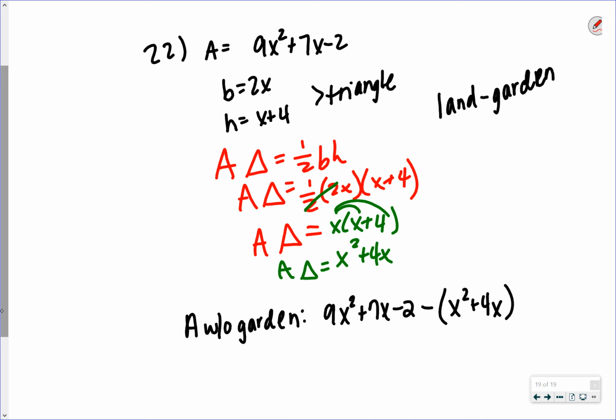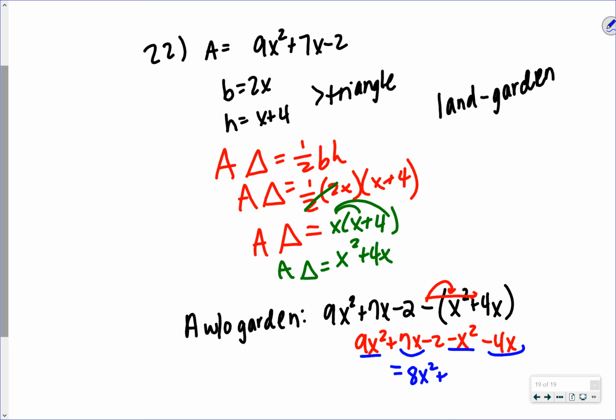When I subtract here, I'm going to be subtracting the x squared and subtracting the 4x, and then I combine my like terms. 9x squared minus x squared is 8x squared. 7x minus 4x is 3x. And then I have a minus 2.